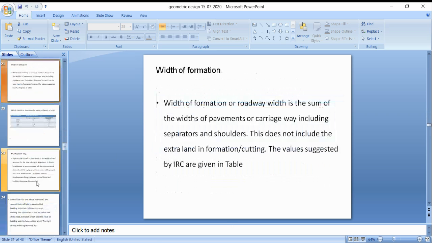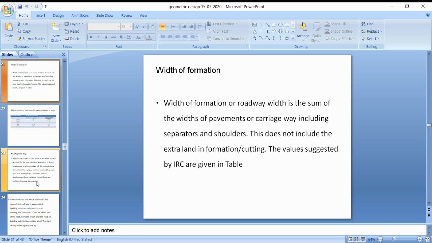This does not include any extra land in filling or cutting. So the entire road which is in use is called the width of formation.